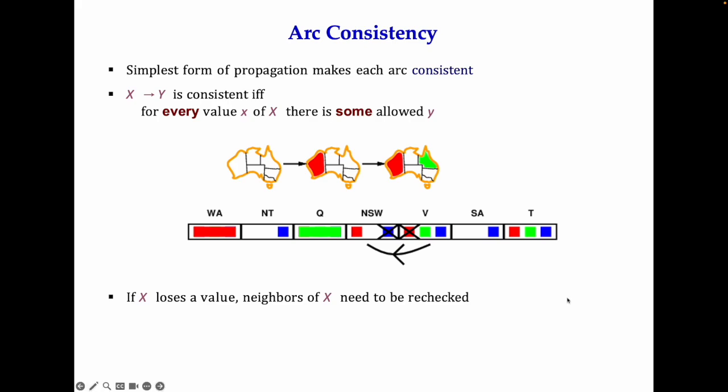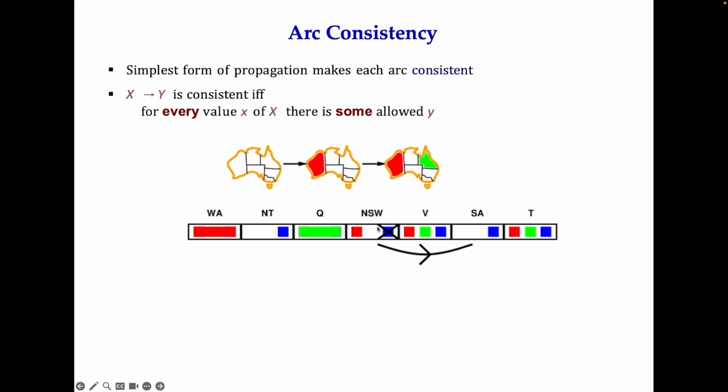And now, in particular here, for example, Victoria, which is here and is a neighbor of New South Wales, cannot have red, right? Because NSW is left only with red now, and Victoria is a neighbor of it.